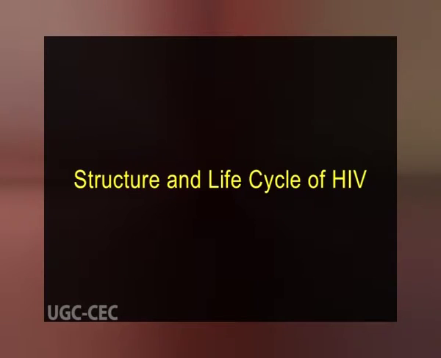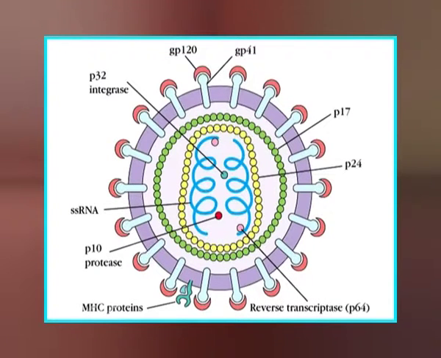The structure and the life cycle of HIV. HIV is an enveloped RNA virus. As HIV buds out of the host cell during replication, it acquires a phospholipid envelope. Protruding from the envelope are peg-like structures that the viral RNA encodes. Each peg consists of 3 or 4 gp41 glycoproteins capped with 3 or 4 gp120 glycoproteins.